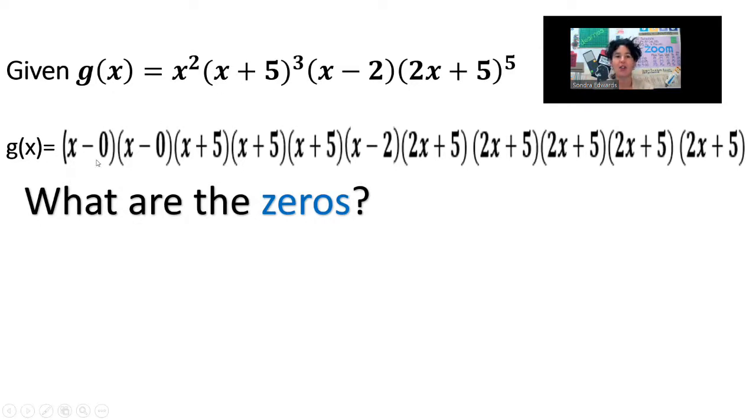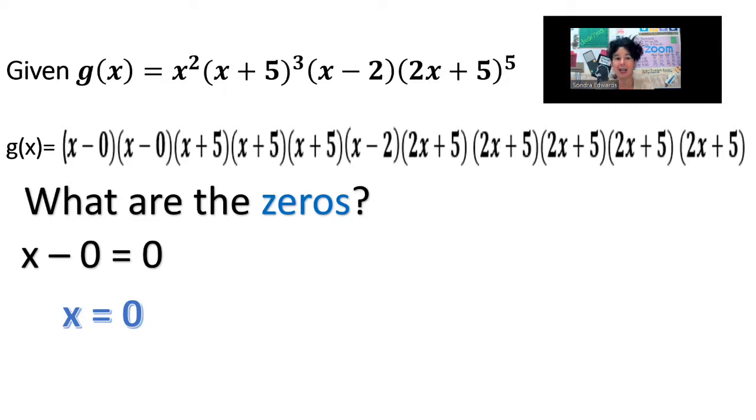All right, so the zeros are going to be the numbers that make each factor equal 0. And they also are the numbers that, if I substitute them back into this function right here, will make it equal 0. So x minus 0 set equal to 0 is just 0.